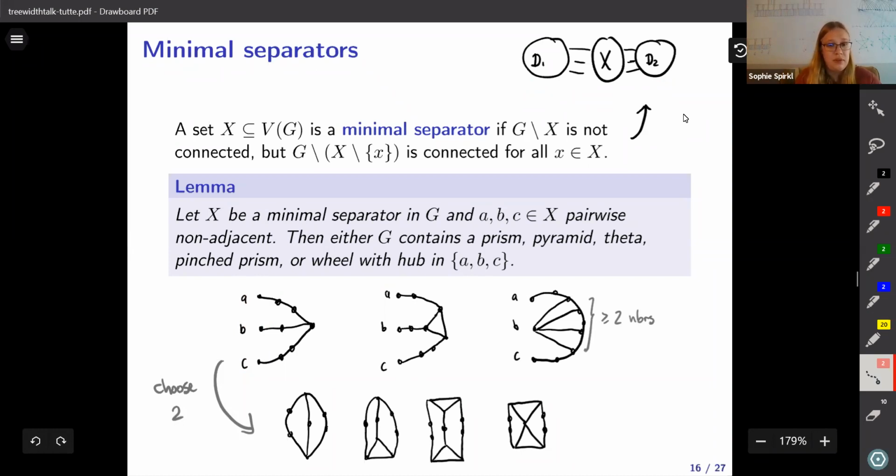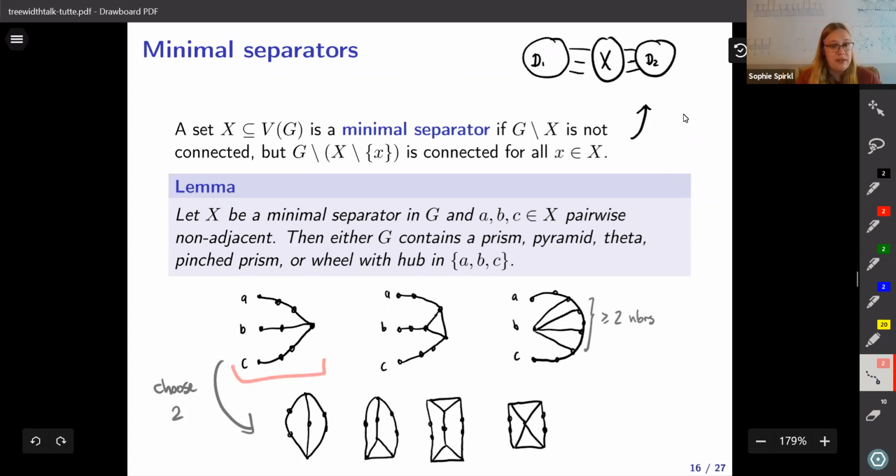And the truth is, if you have 3 vertices and they connect through a component, there are 3 main ways this can happen. This way, or that way, where I mean there's a path here and B has lots of neighbors on it. And so if you do this in D1 and D2, it means you pick 2 from these 3 and put them together, one on the left, one on the right. And in many cases, this gives you one of our 4 excluded things.